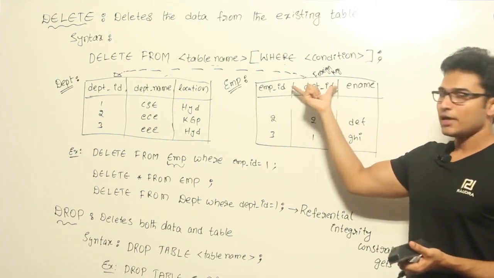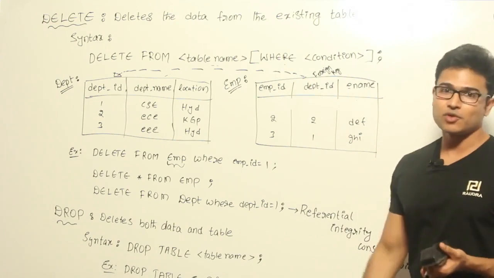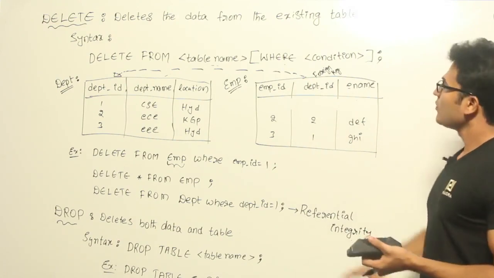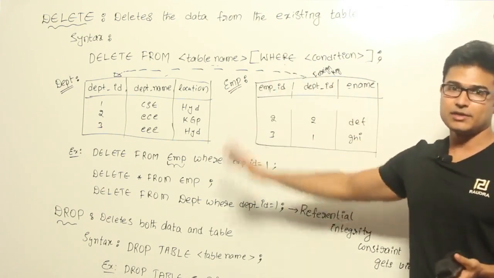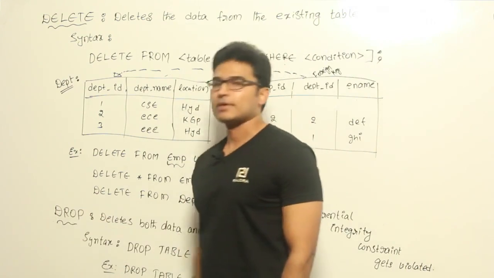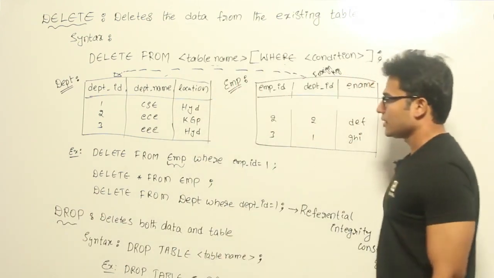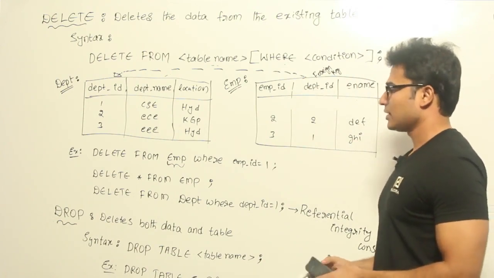Again you can update, and again you can insert some values into it. It is not that the table is going to be dropped completely. Now if you want to delete the table and the rows completely, so that nothing remains, then we can use the drop.